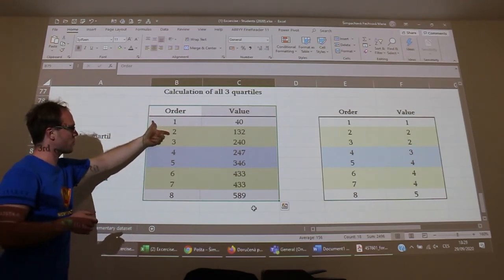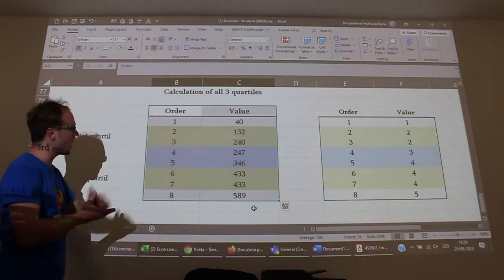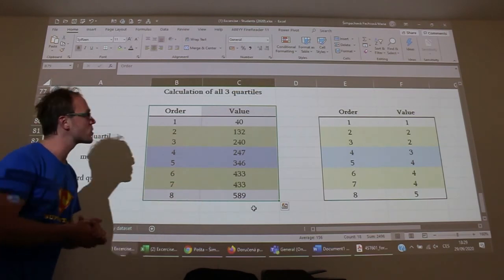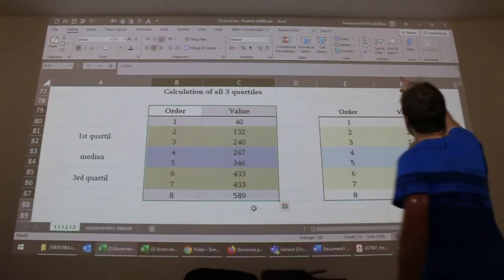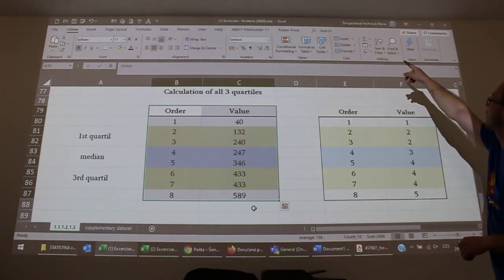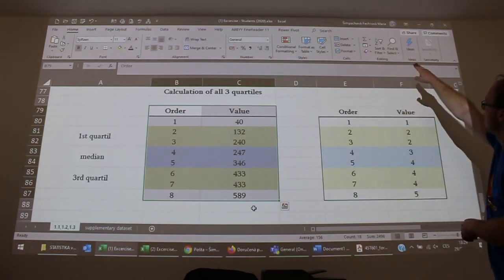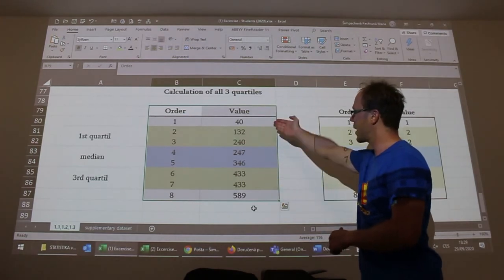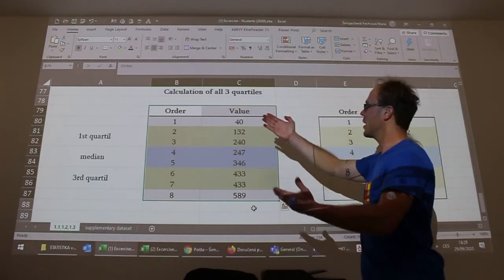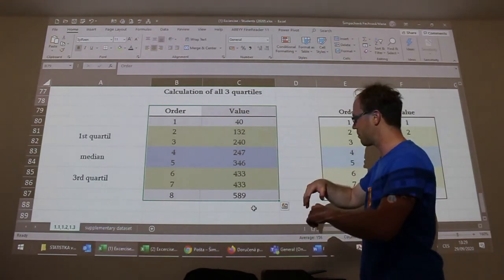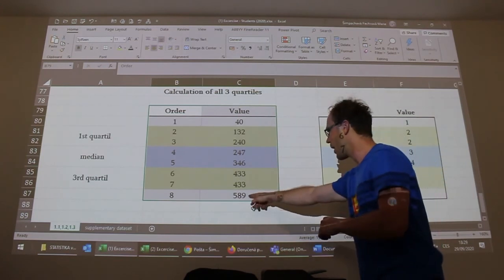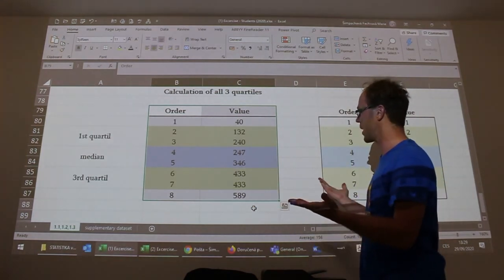First position, second position, third position, fourth position, etc. And you can copy the values, yes? And you can use the sort and filter function, yes? You can see the right top corner button AZ sort and filter, and you can see that you have sorted values here, yes? The smallest value in your statistical sample is 40, the largest value is 589 cigarettes smoked per month, yes?